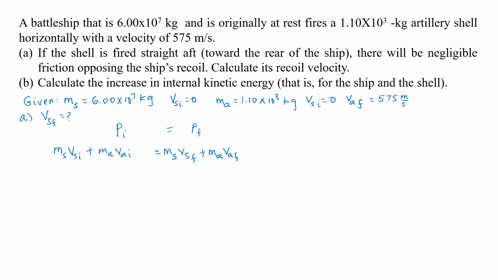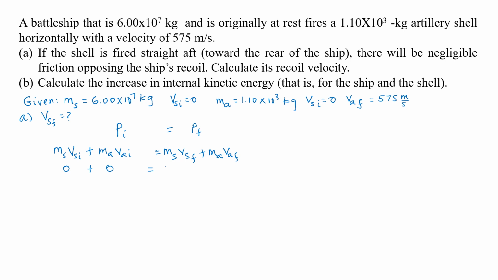Now, we know all the values except for the final velocity of the ship. We know that initial momentum of the ship is 0 because its velocity is 0 initially. The same thing with the artillery shell. Its velocity is 0, therefore this is going to be 0. So initial momentum is 0. Final momentum has to be 0 too.